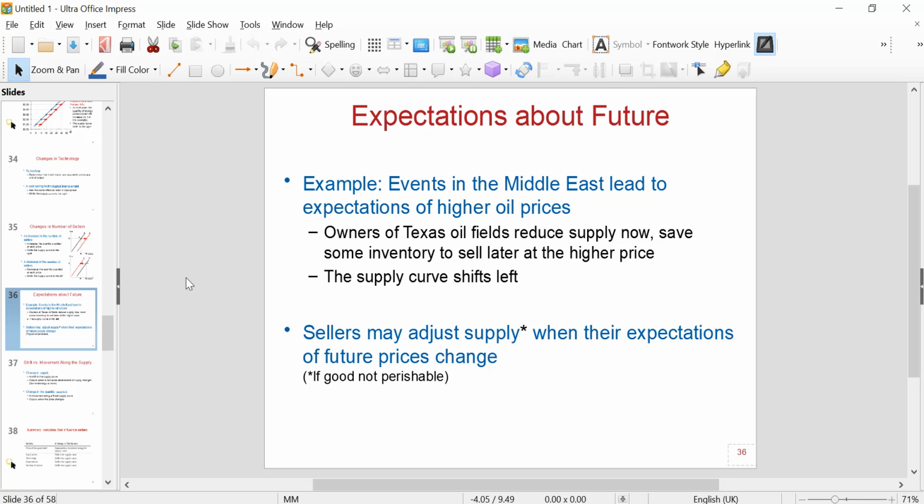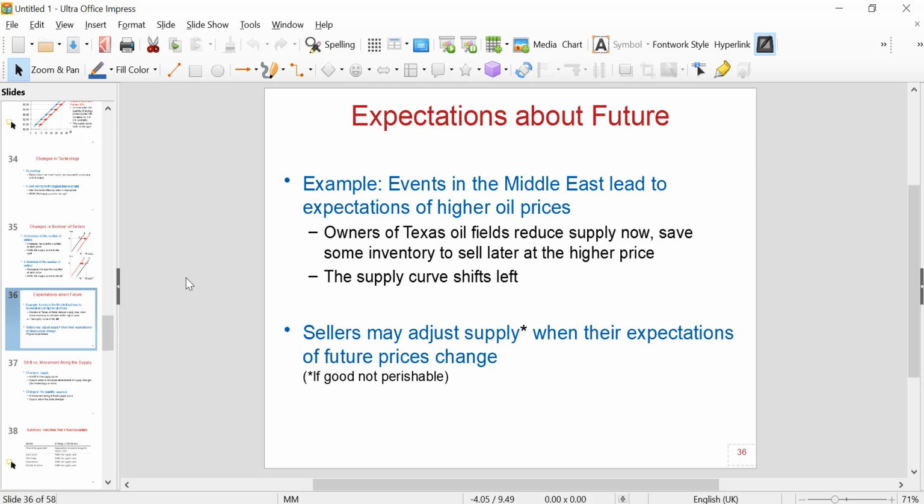Now, knowing this, American suppliers might decide to stop supplying the oil, because they know that in a month's time the price will go from $80 per barrel to, let's say, $100 per barrel. So rather than selling now for $80 per barrel, they reduce the supply, or maybe completely stop selling. In that case, the supply curve shifts to the left.